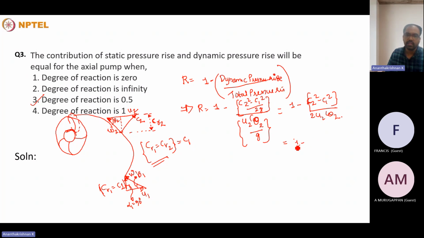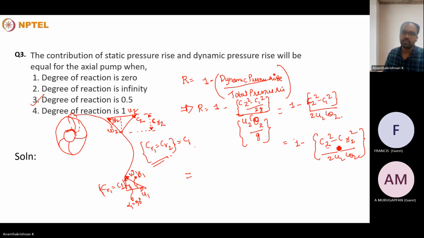In this analysis, C1 is equal to CR1 equal to CR2, which we know. Therefore, we can substitute C1 as CR2, giving C2 squared minus CR2 squared divided by 2U2 C theta 2. So we have a comparison between two velocity terms at the outlet of the blade: one is the actual velocity and the other is the flow velocity term.